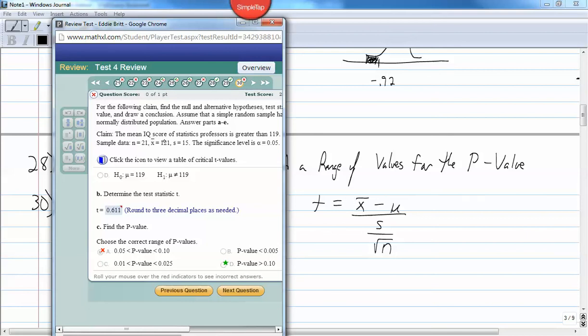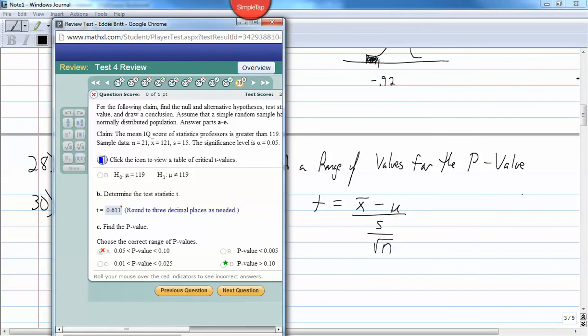That's the sample mean. S, sample standard deviation, is 15. I guess I should have looked at that and saw, hey, this is a t-distribution since we had a sample. But you never know.